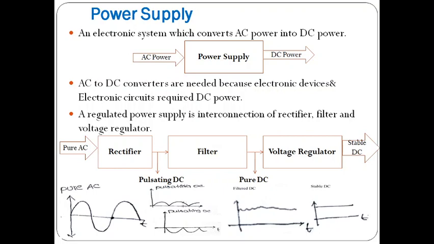Pure AC you can observe here as a sinusoidal signal, and pulsating DC here. Both are pulsating DC only. And pure DC is fluctuating, but it is DC. And stable DC is constant. It is not fluctuating with time.